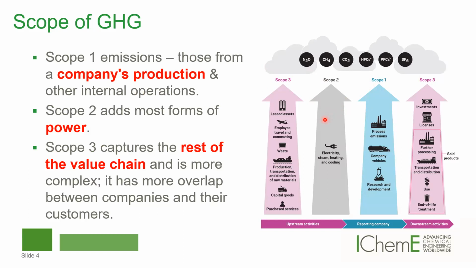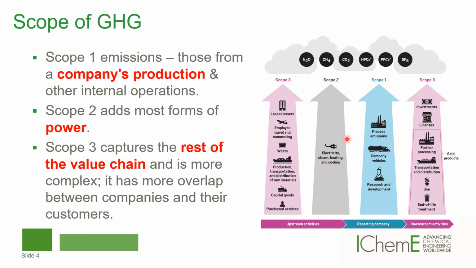For scope 2, these are coming from electricity, heating, and cooling, still produced internally.